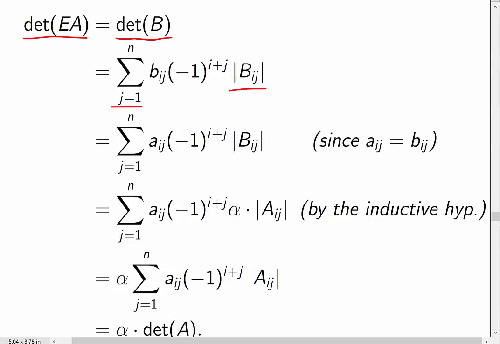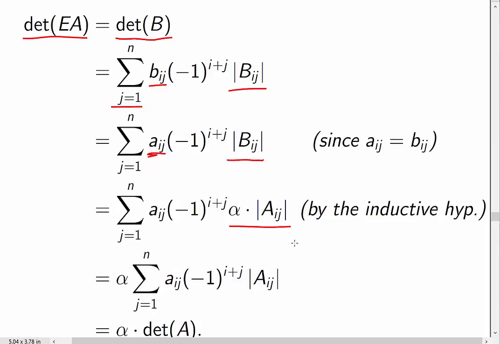Moving from this line down to the next line, all I've done is replace the Bij with Aij, which I'm allowed to do because we're moving along a row that has not been changed by the row operation. That's the only thing I changed there. Then moving down to the next line, I am replacing the determinant of Bij with alpha times the determinant of Aij, since I assume the determinant of Bij is alpha times the determinant of Aij.